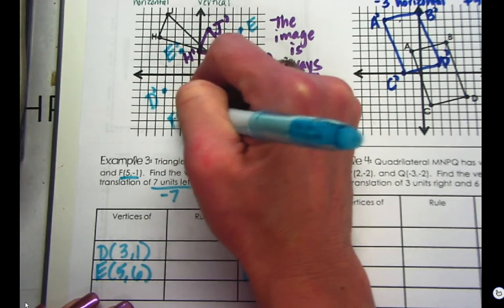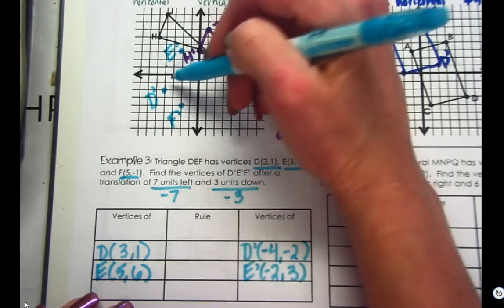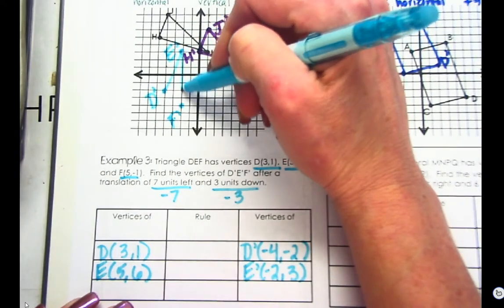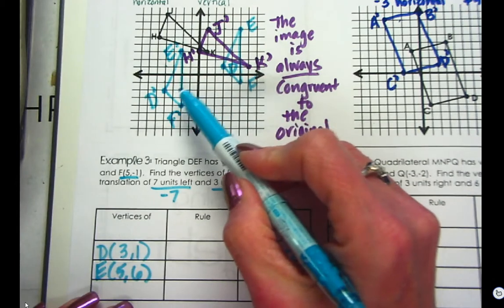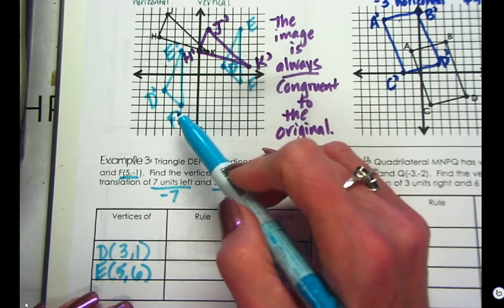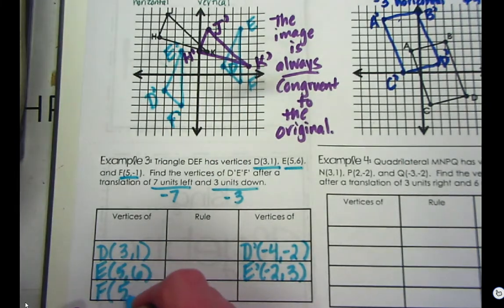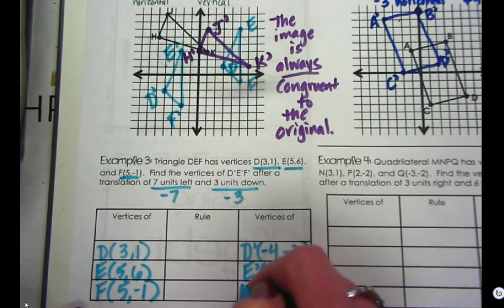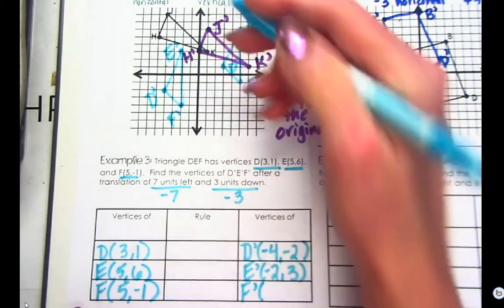So that's F. So now I'm going to connect it. And look, it looks the same as my original. It's just been slid across the grid. It went over to the left and down. So my original F was 5, -1. And my F prime is going to be -2, -4.